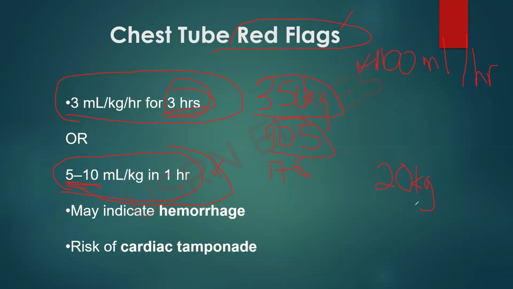No, we didn't say the 200 is normal. Remember, these ones are red flags. Look at the topic here: you're saying this is a red flag. At first I used 20, so the 20 times 10 that I did gave 200, and that is still a red flag because all these are red flags. I didn't say they are normal. You understand? Okay, I understand. Thank you.